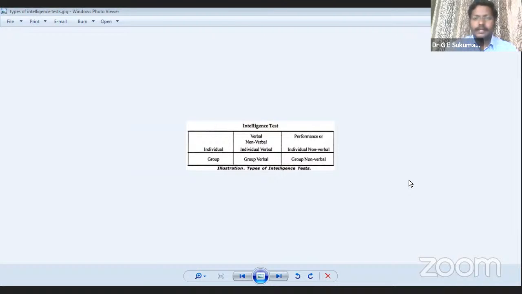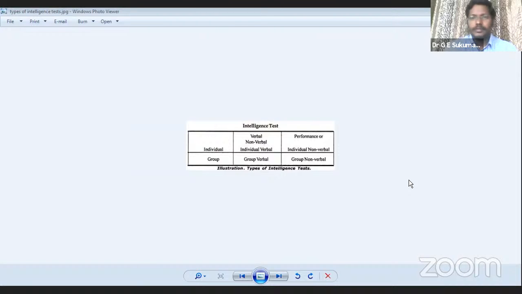I can conduct an individual test on a single person, generally in clinical settings, when a subject comes to me and I administer a test individually. That is an individual test. When the purpose is conducting psychological tests across a group, for example many people, it is called a group test.